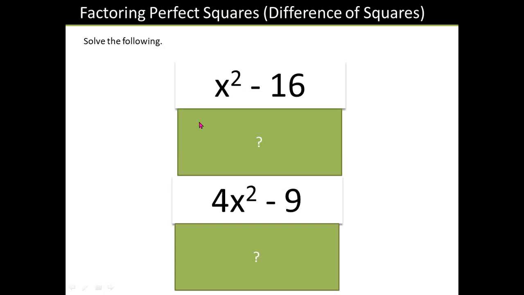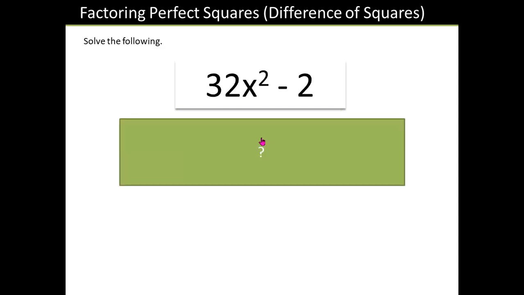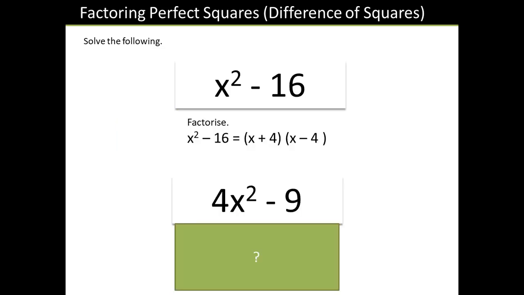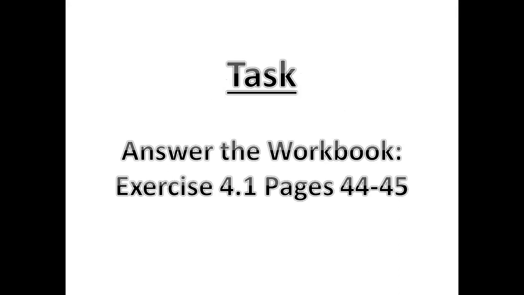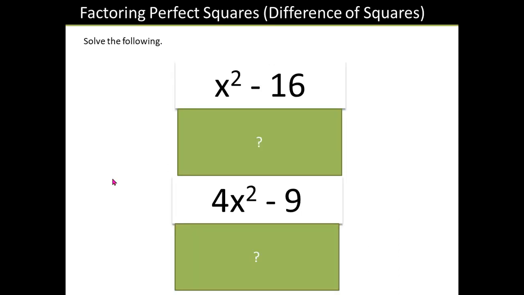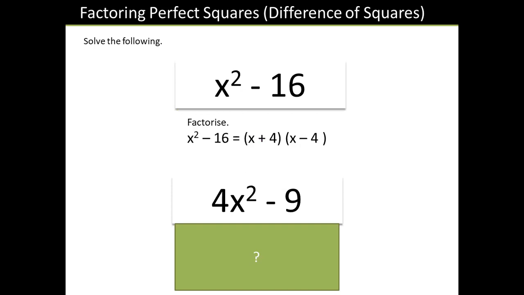Okay, internet is so slow. Once again, if we factor out x squared minus 16, that is equivalent to x plus 4 and x minus 4. Now take note, we said difference.